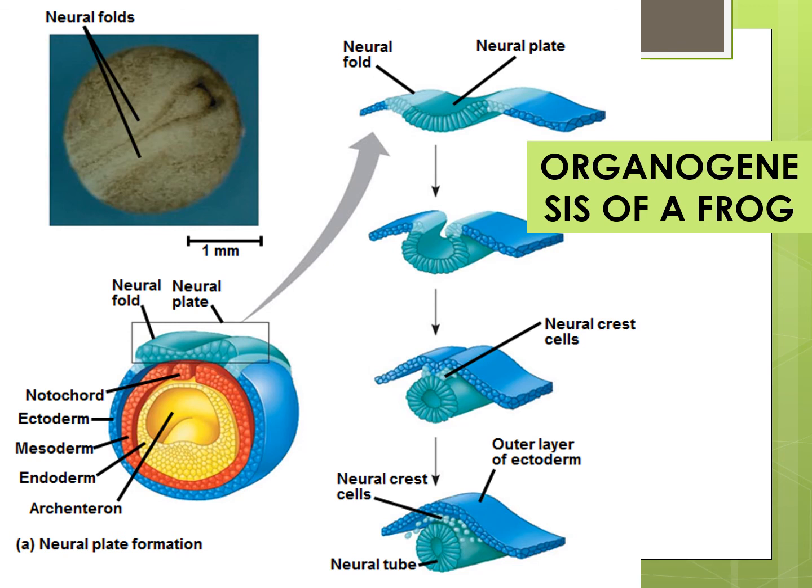In this diagram, we can see it nicely. Your ectoderm, which is the outer layer, undergoes some folds inwards and then becomes your neural tube.